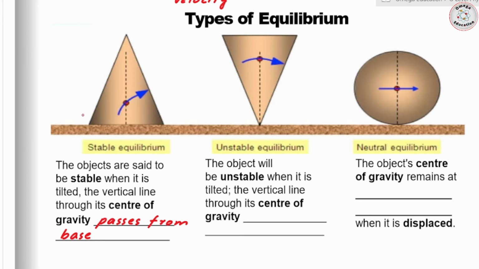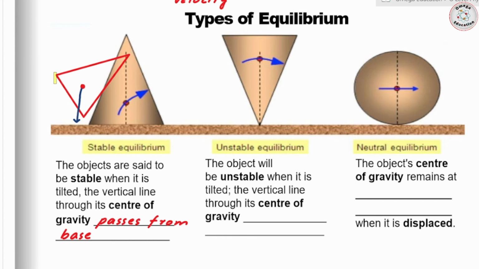If I try to tilt this cone, let's say something like this, this was the center of gravity of the cone, and the weight of the cone acts through this point and is always vertically downward. Now you notice one thing: this line of weight or the line of gravity still passes through the base of the cone.